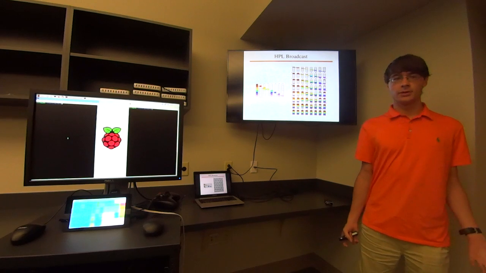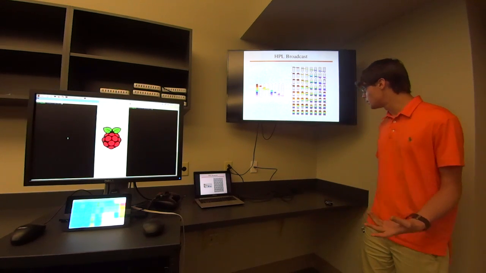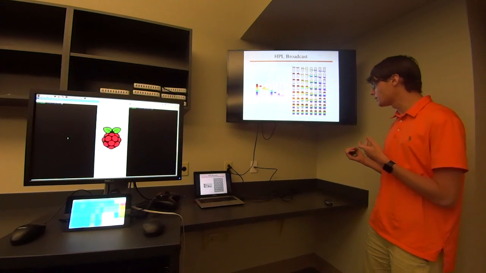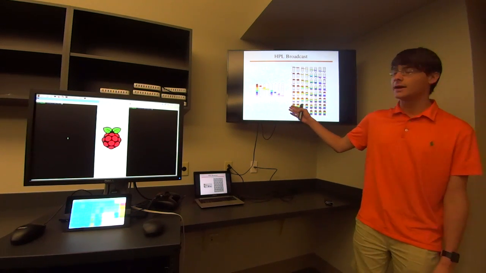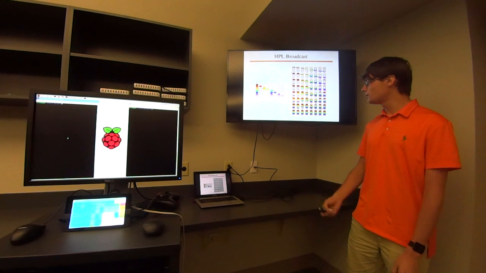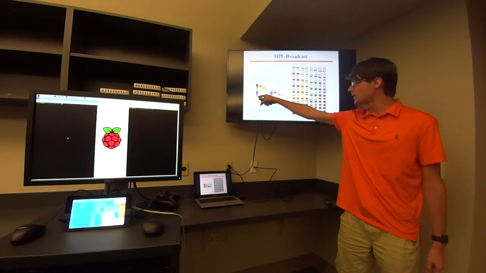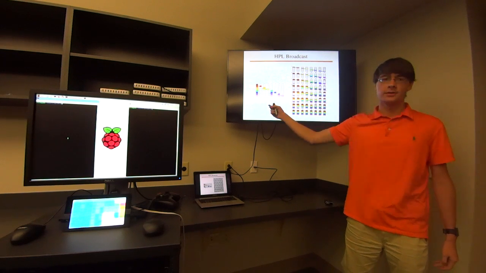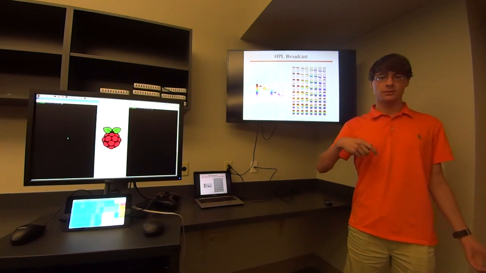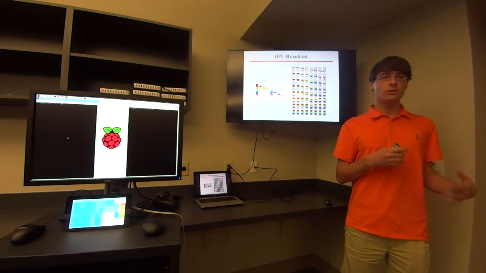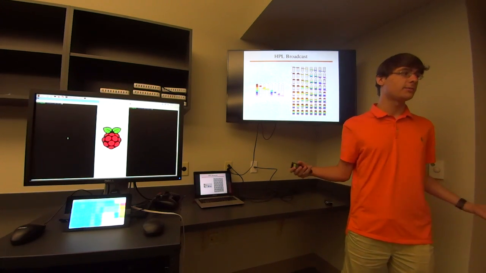So to elaborate more on the broadcast algorithm, there's these 2 graphics from the HPL website. The one on the left is considered the scatter phase. If you see this first collection of squares, this is referred to as process 0 in this example. And process 0 is the node which wants to send out the broadcast message.